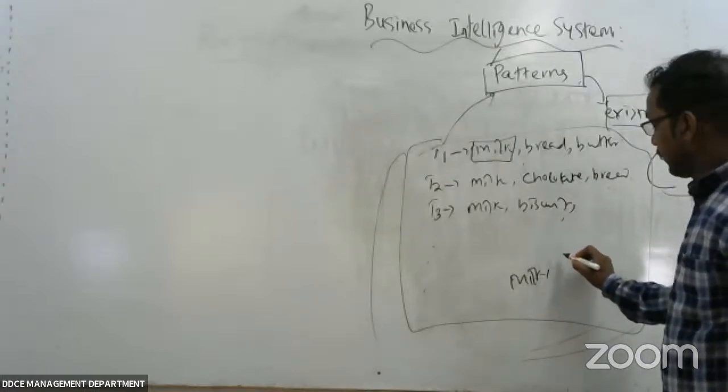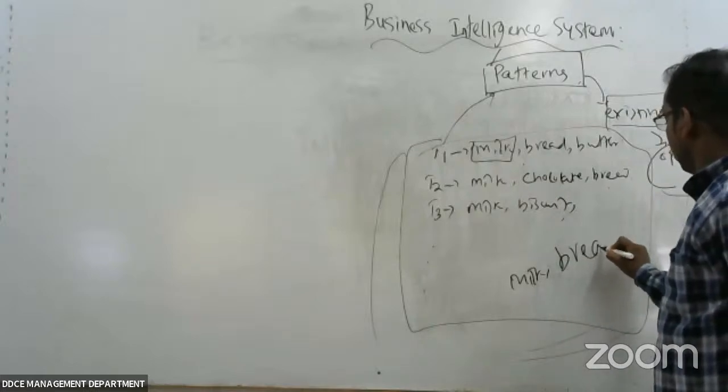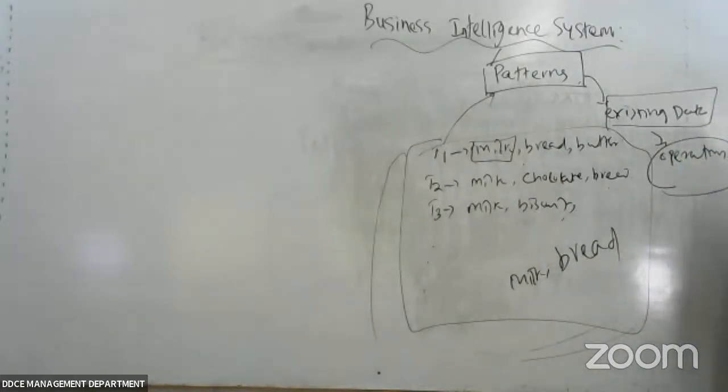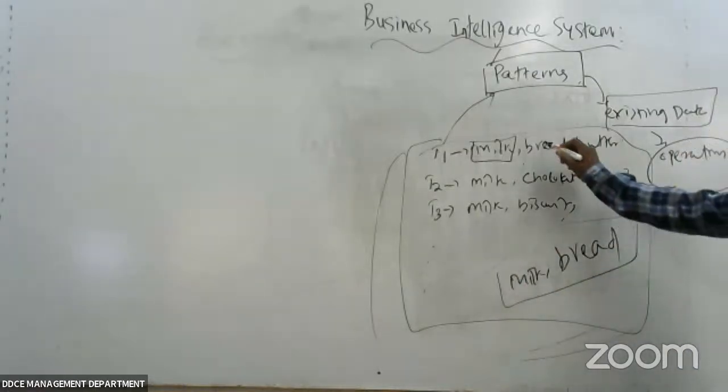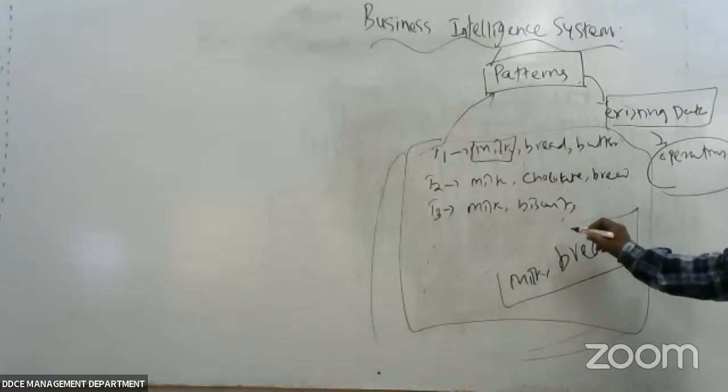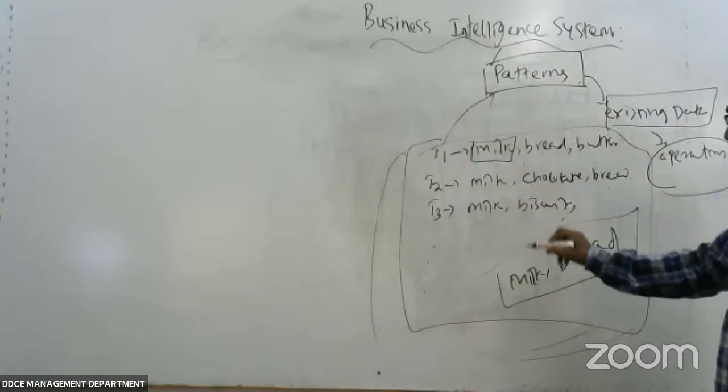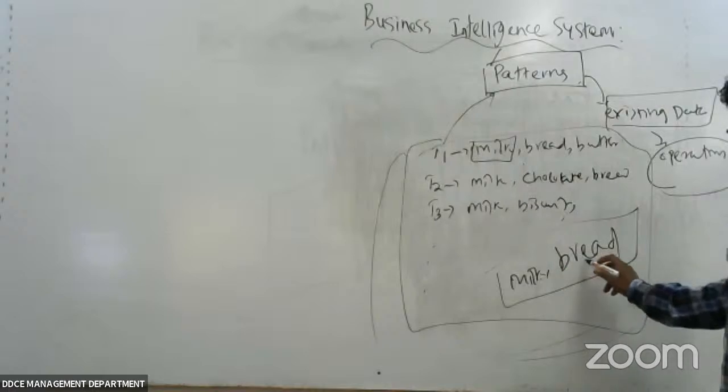Milk and bread is the pattern. So in this case, out of three transactions, the pattern we derive is milk and bread.